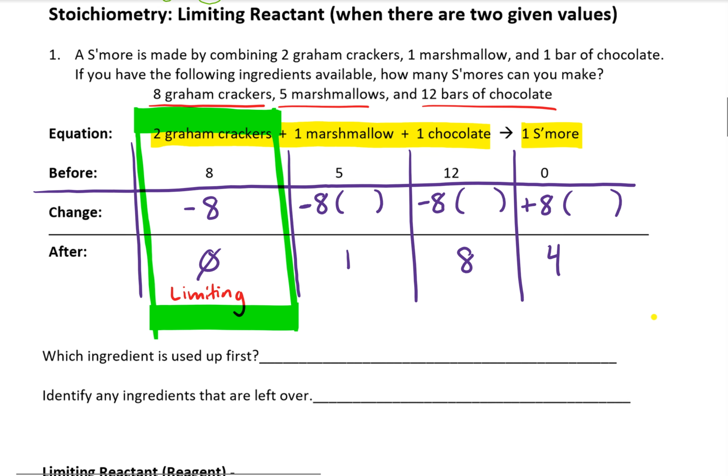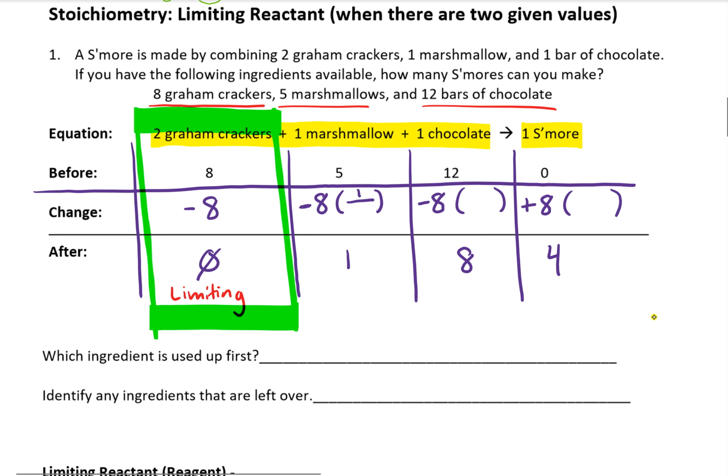So looking at your balanced equation, the coefficient of marshmallow is 1. So I'm going to put 1 over another number. That other number is going to be the coefficient of the limiting reactant, in this case the graham cracker.